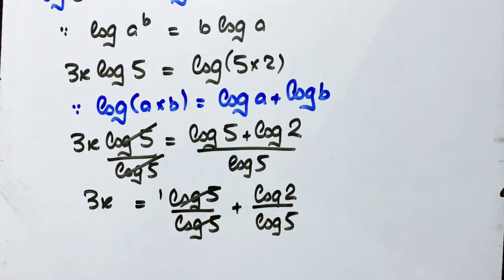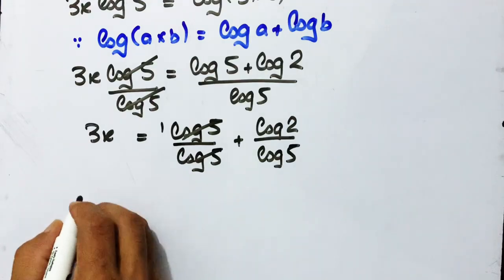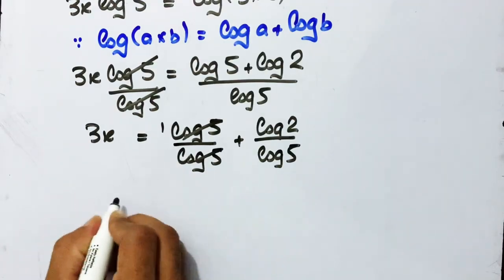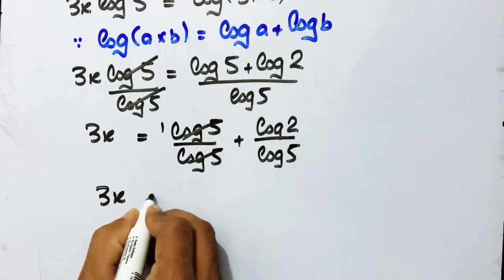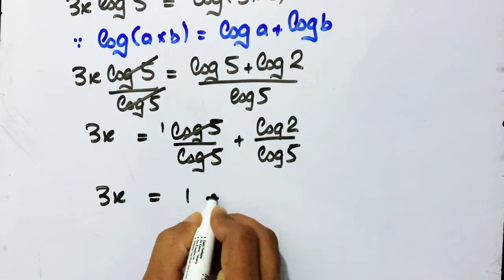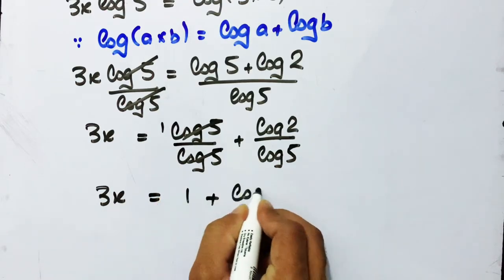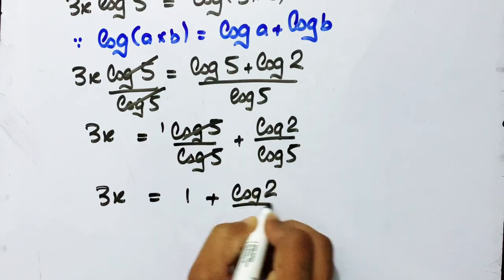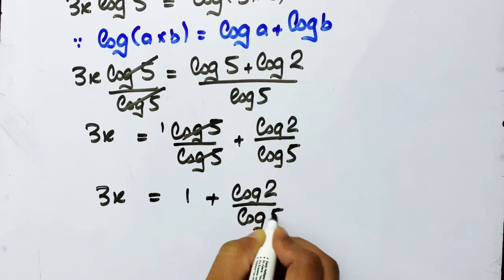Log of 5 divided by log of 5 is 1, so 3x equals 1 plus log of 2 over log of 5.